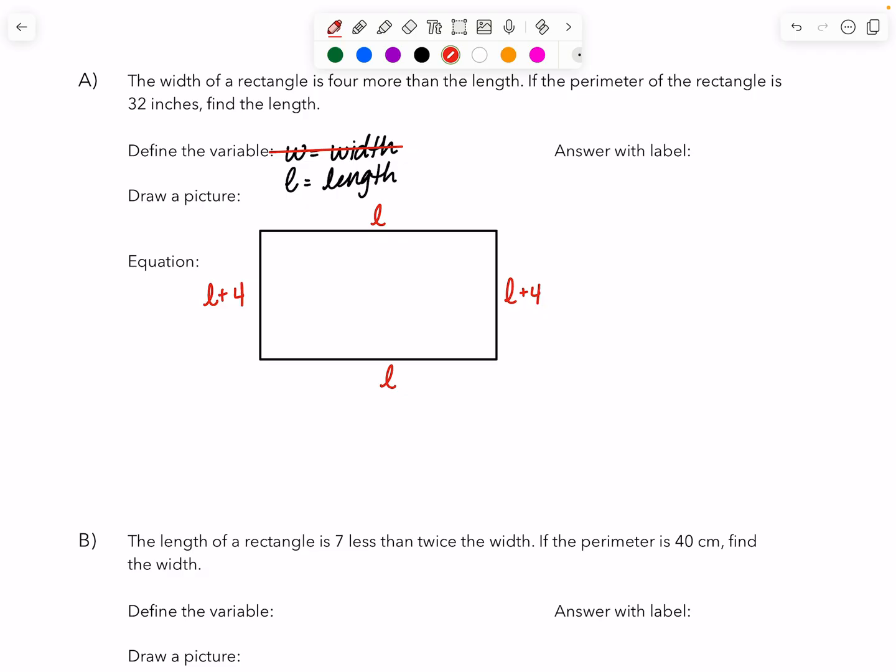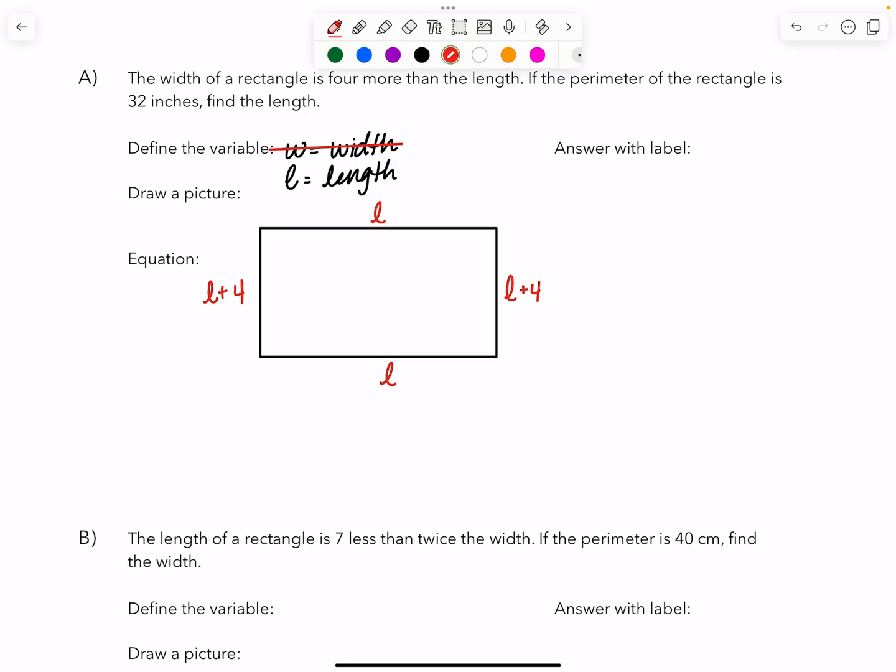All right, so when I write my equation, I'm going to do L plus 4 plus L. So I did these two first, and now I'm going to do L plus 4 again, and then L. So plus L plus 4 plus L. The reason I make my L's like this is so that I don't treat them as a 1, I treat them as a cursive L. So just a heads up for that.